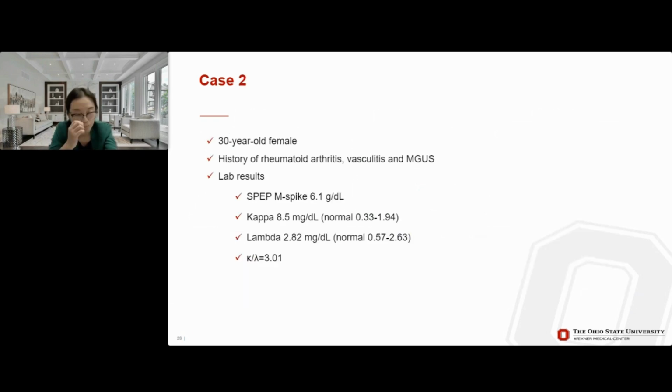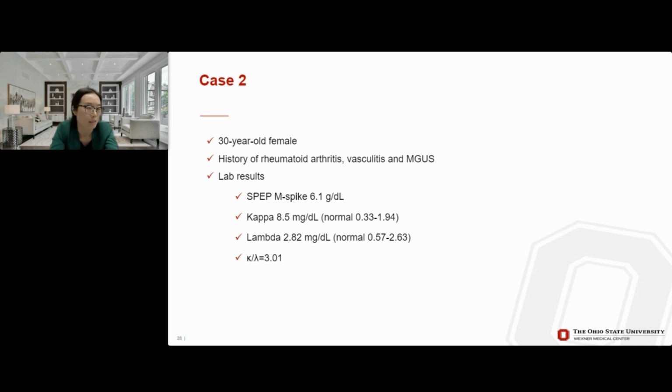Case 2, patient female, 30 years old, with a past medical history of rheumatoid arthritis, vasculitis, and MGUS. Lab evaluation revealed a high monoclonal spike of 6.1 gram per deciliter in SPEP. Kappa and lambda free light chain were both high, with abnormal high kappa to lambda ratio.